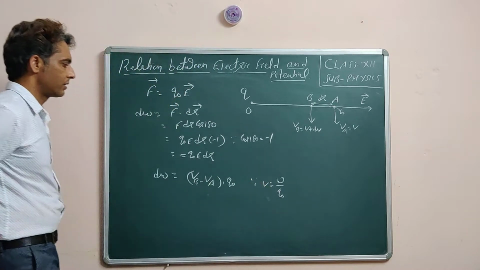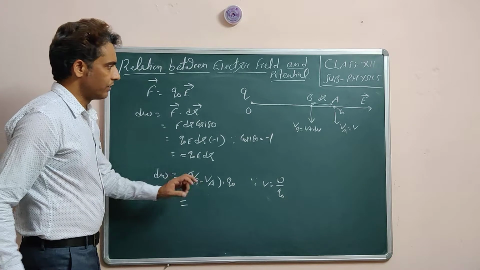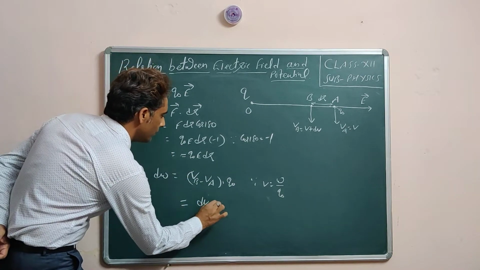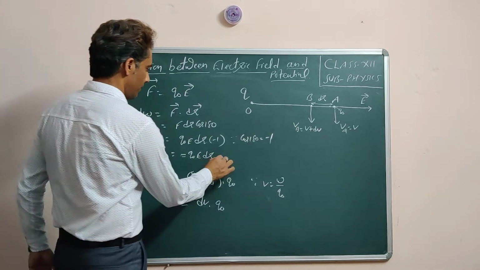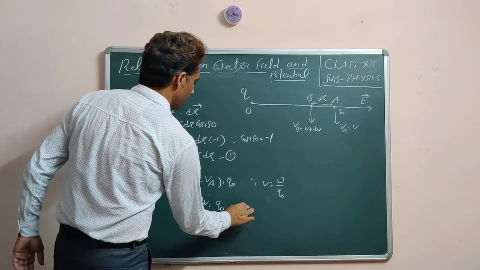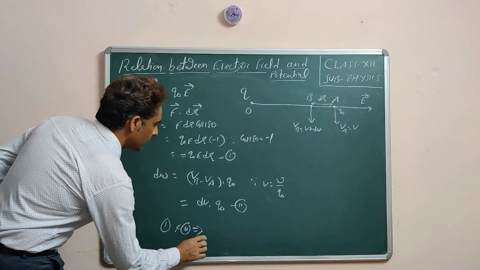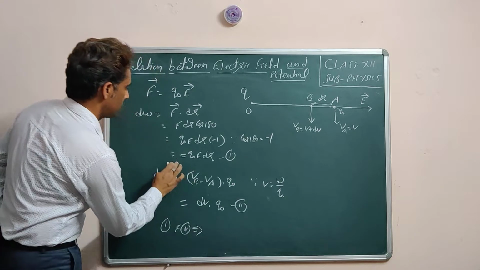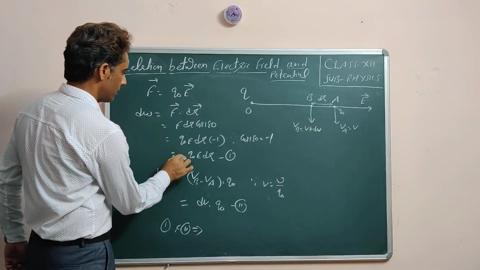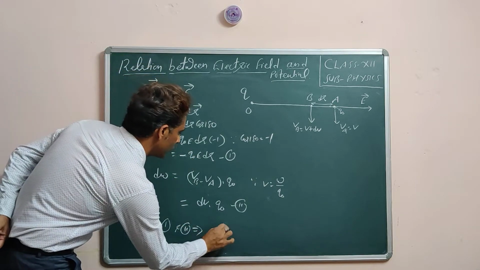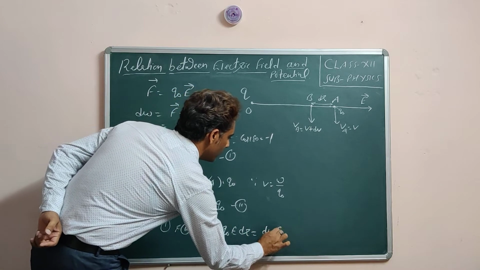So that is equal to VB minus VA, which is dV, into Q naught. Let us number these 1 and 2, then 1 and 2 imply minus Q naught E dr is equal to dV into Q naught.